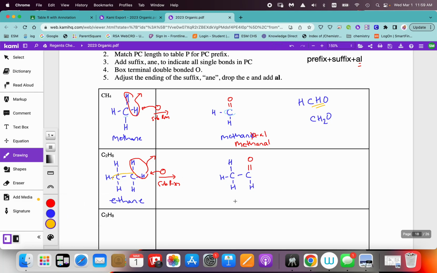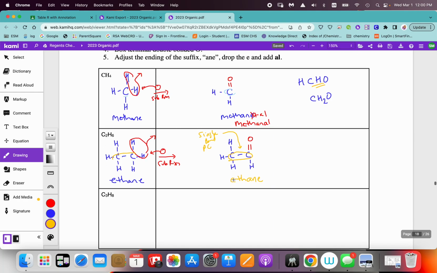We still have a 2-carbon chain, so it's eth. The ane, or ene, is based on the bonds that exist between the carbons in the parent chain. So the only bond inside this parent chain is a single bond. So that's where the ane comes from.